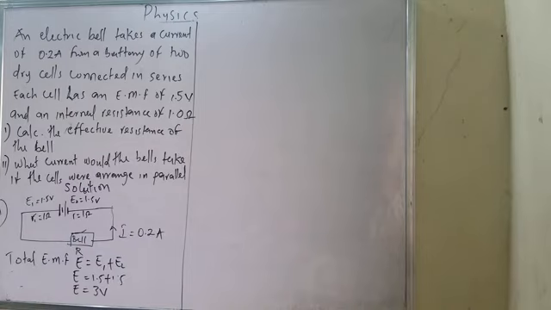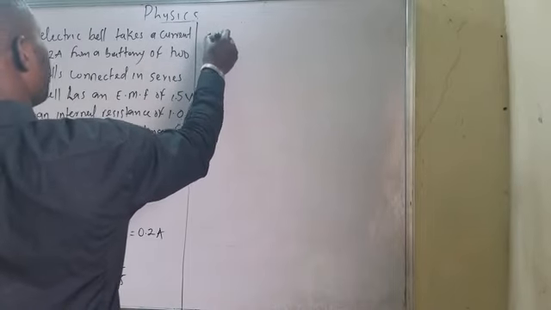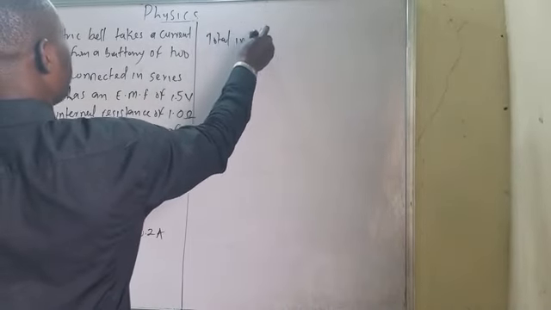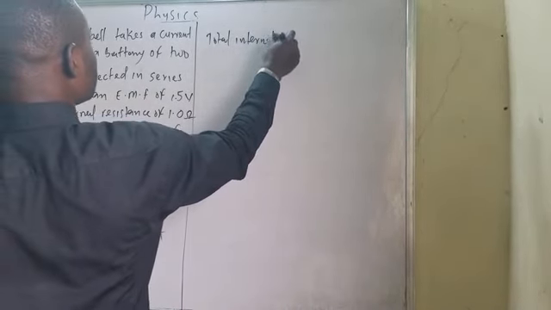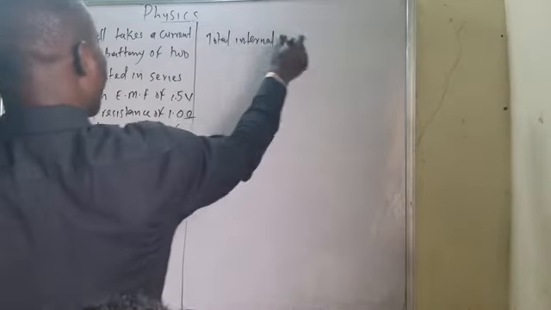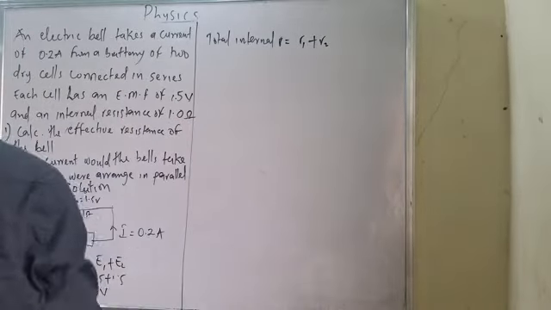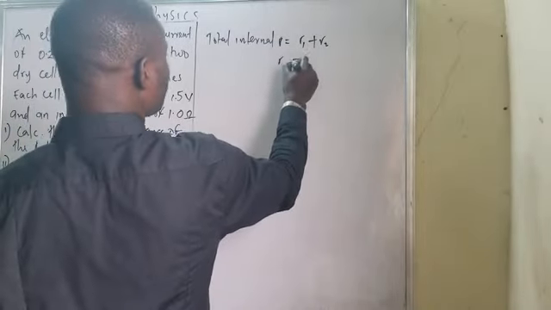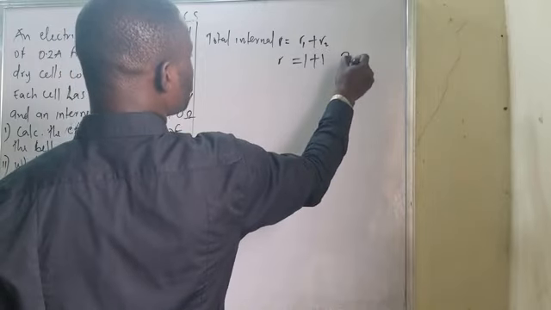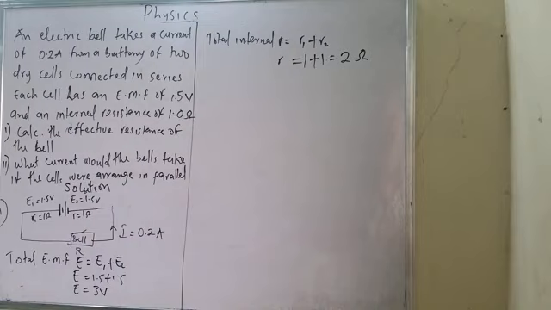Now, total internal resistance, small r, will be equal to r1 plus r2, which is 1 plus 1, known as 2 ohms.